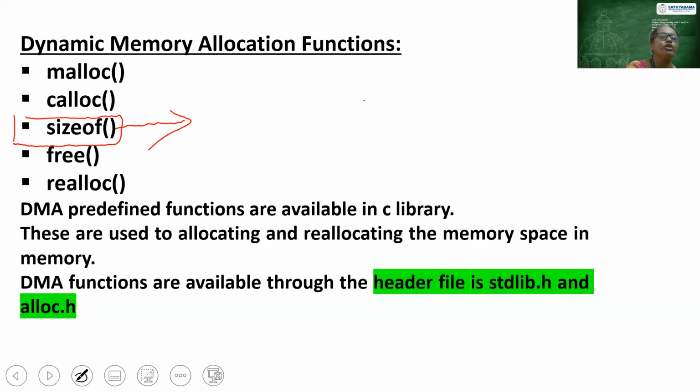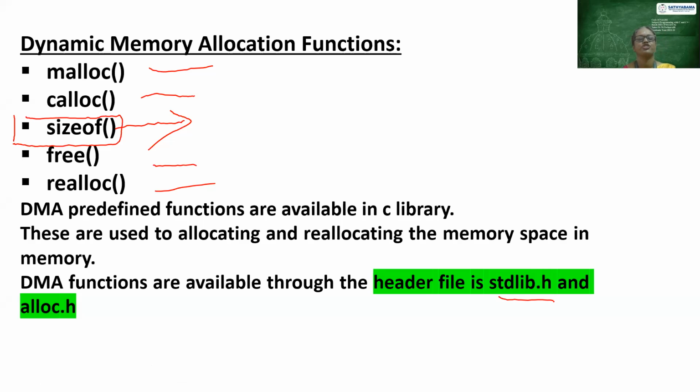But here we are going to learn about malloc, calloc, free, realloc. Please note down the dynamic memory allocation functions: malloc, calloc, free, realloc. These will be covered in two header files, one is stdlib.h and another is alloc.h.